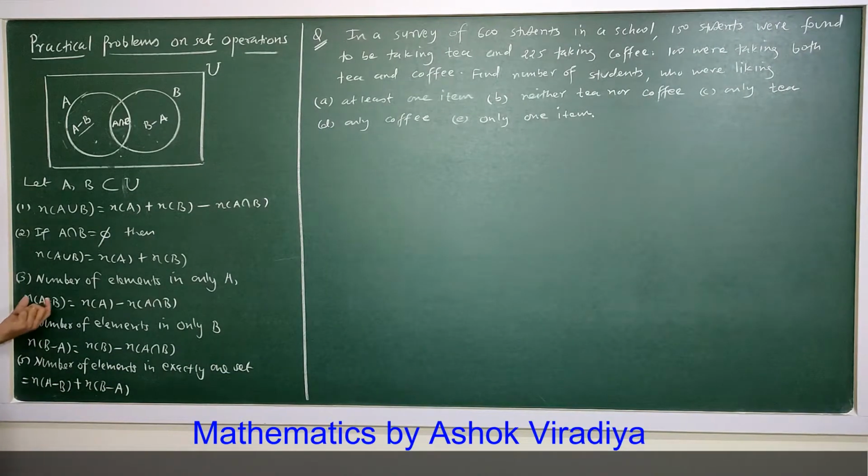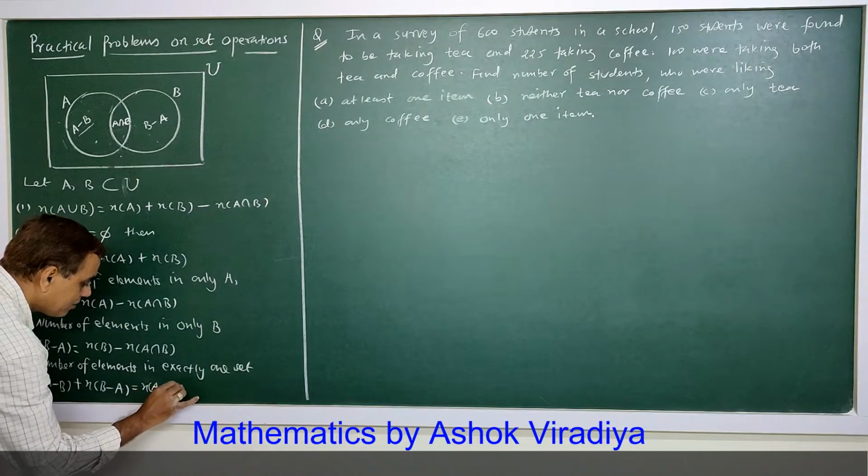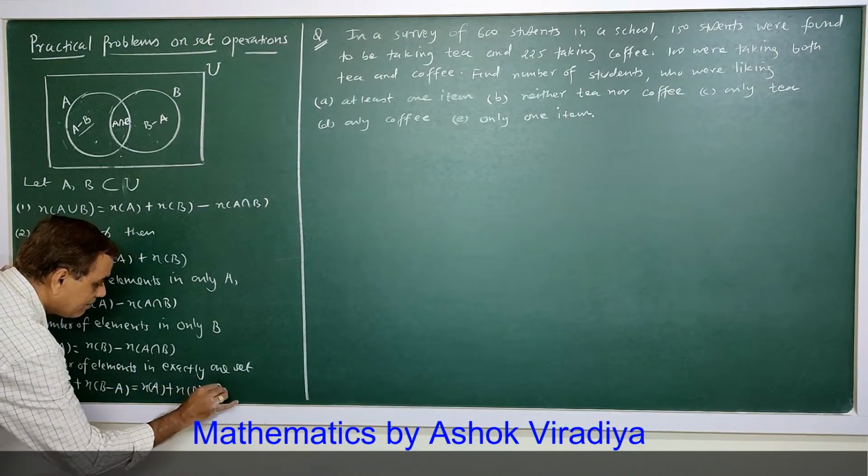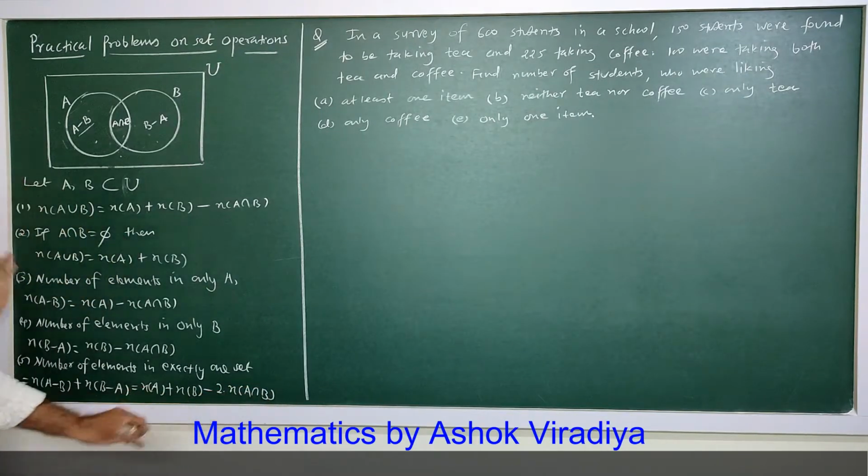So if you add these two results, then addition will be N of A plus N of B minus 2 times N of A intersection B.